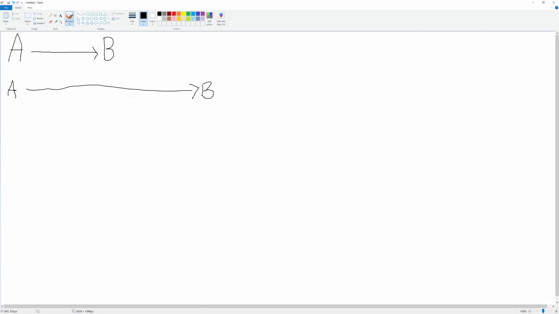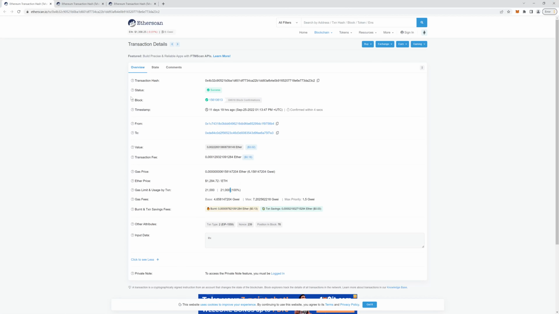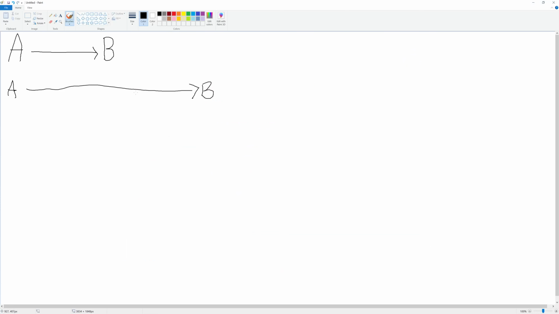Now, when gas price is extreme, that's when the transaction costs in total can become out of hand. And the reason why that happens is, going back to the cars example, imagine that you need to fill up your tank before you go on this trip, before you go and complete this transaction.